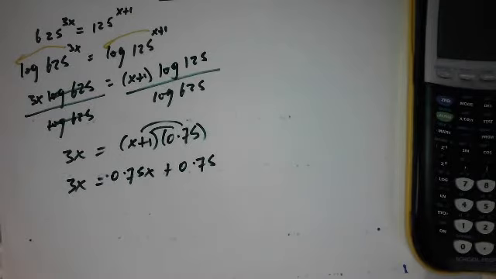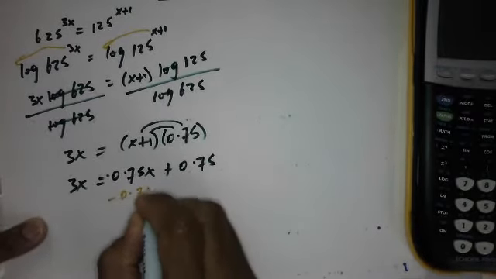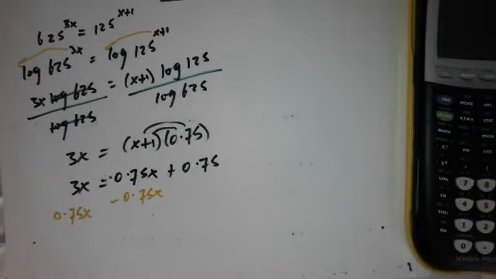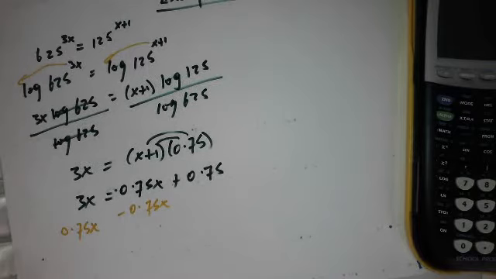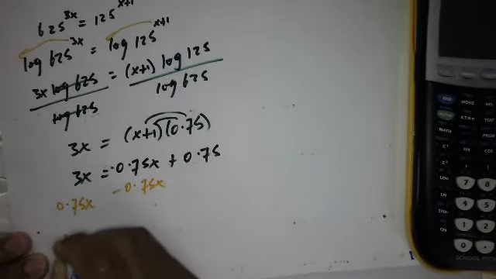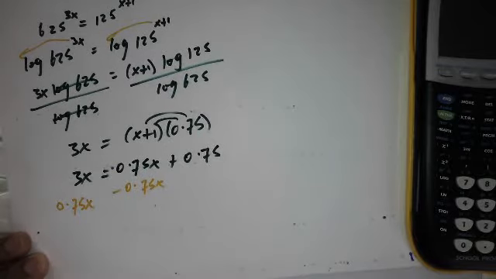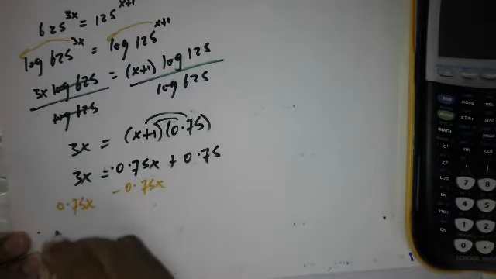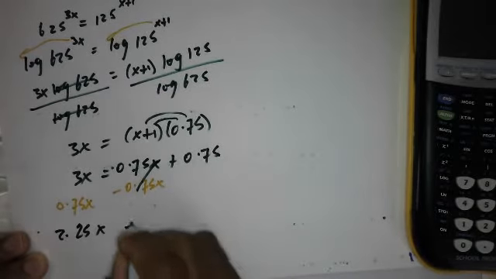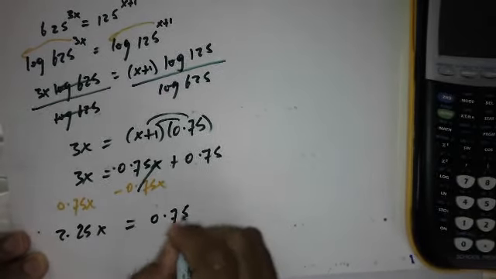Now we want all the x's to be on the same side, so we could subtract 0.75x from both sides. And that will now give us 3x minus 0.75x, that is 2.25x. That part will cancel, and that is just equal to 0.75.